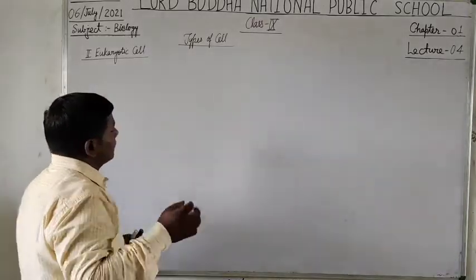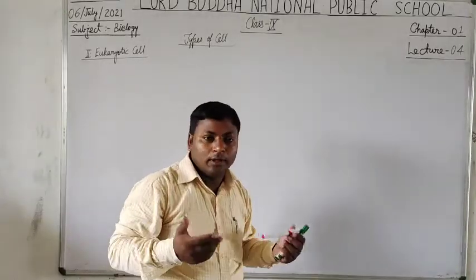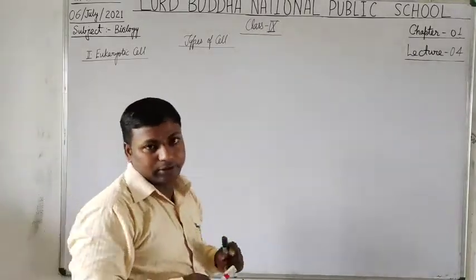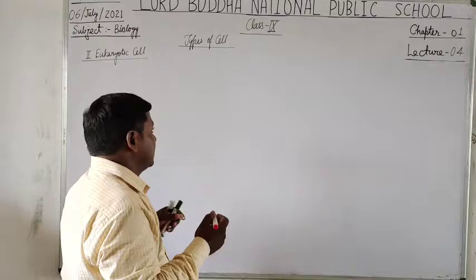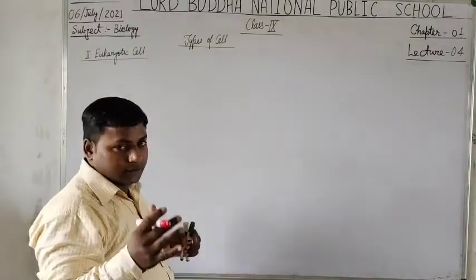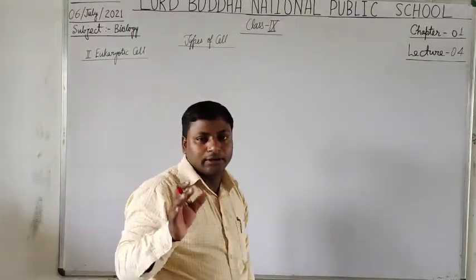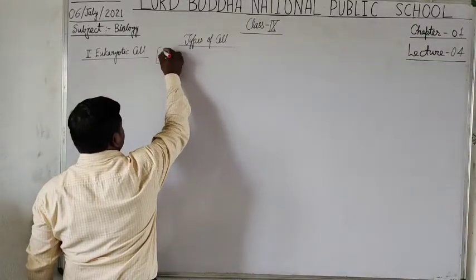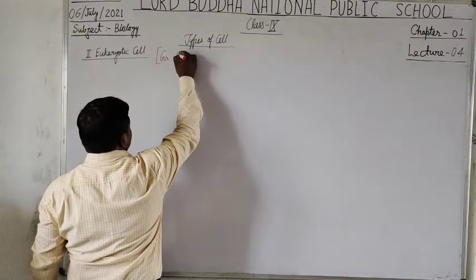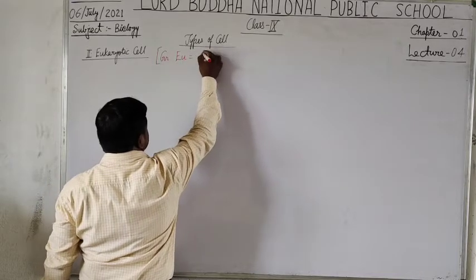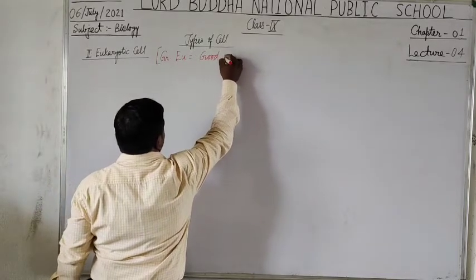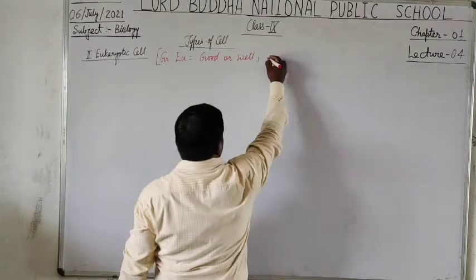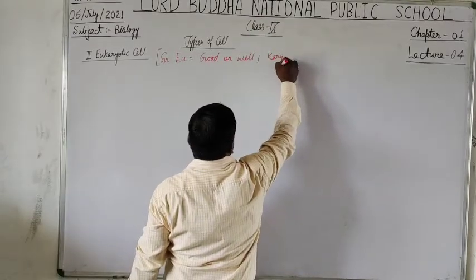First of all, we are going to know what is the meaning of eukaryotic. Students, this is also a term derived from the Greek word eu, that means good or well. And karyon, what is meant?